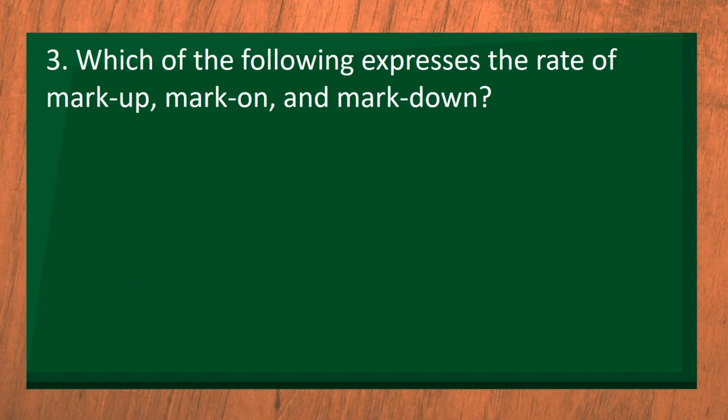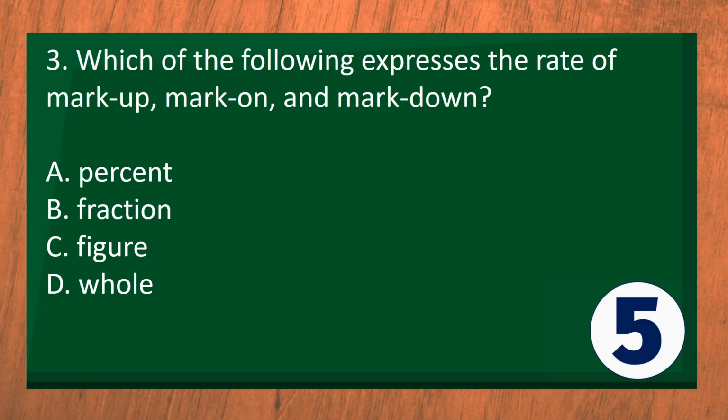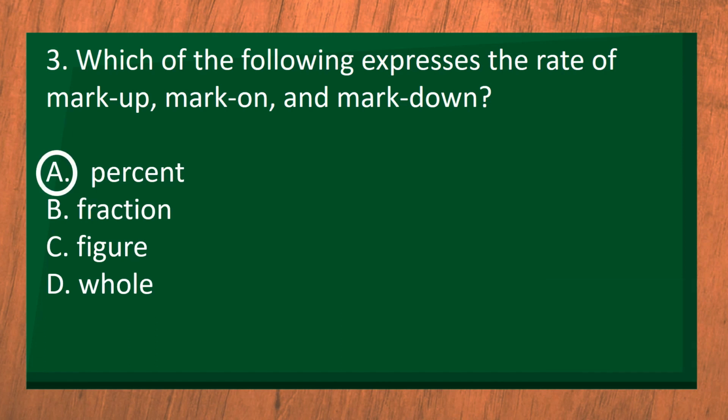Number 3. Which of the following expresses the rate of markup, mark-on, and markdown? Letter A, percent. Letter B, fraction. Letter C, figure. And letter D, code. The correct answer is A, percent.